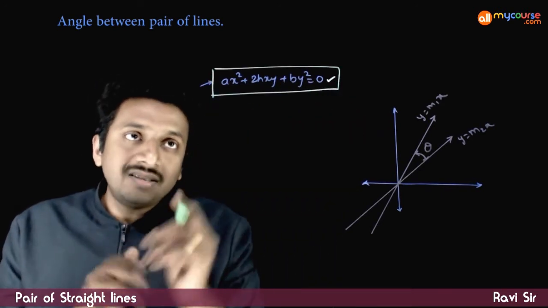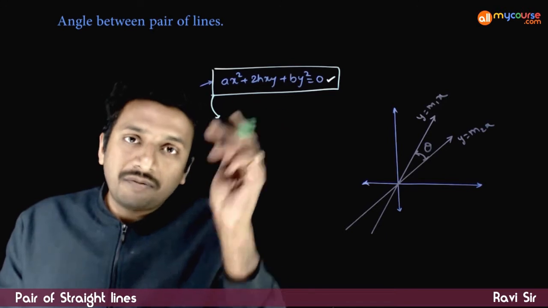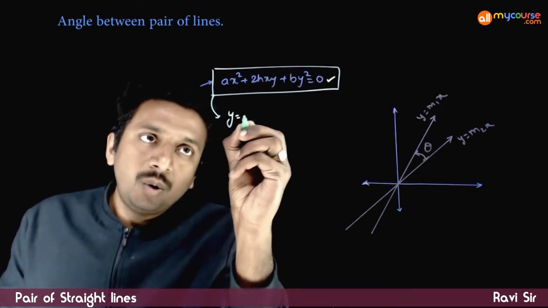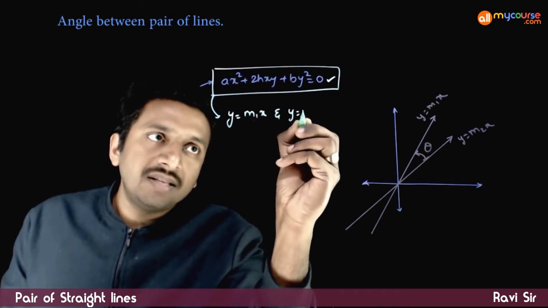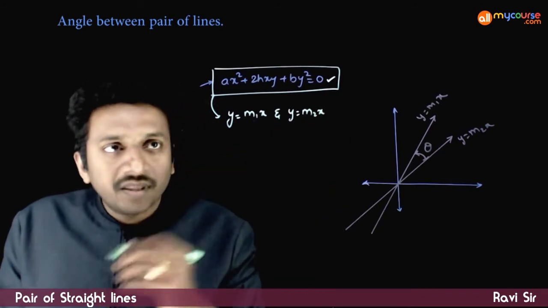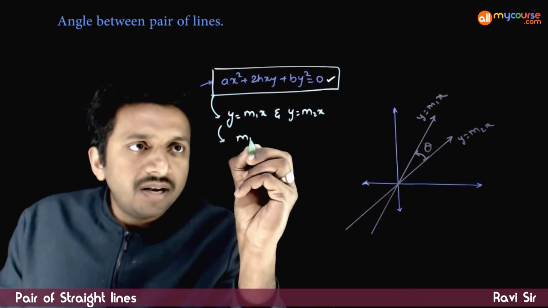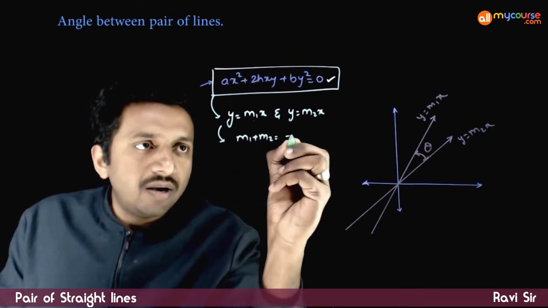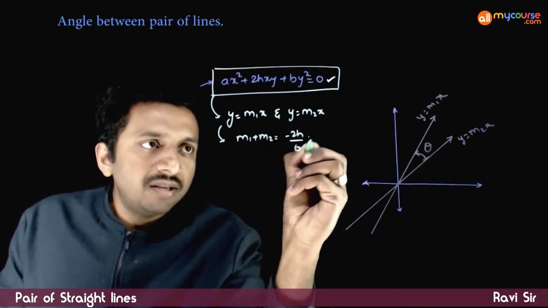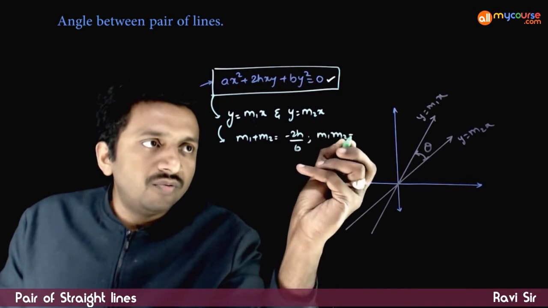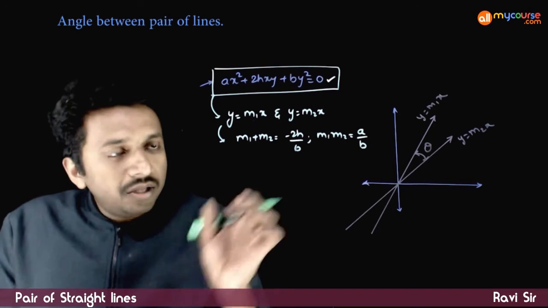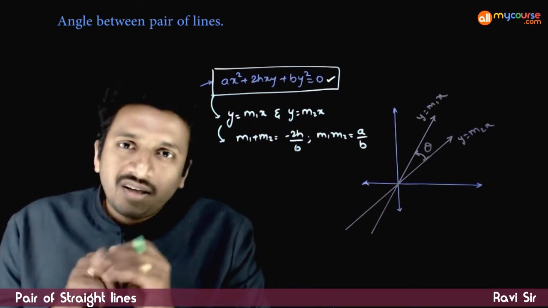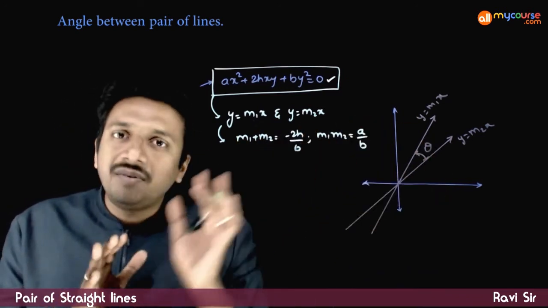We have already seen that if this pair of lines is made up of two lines, y is equal to m1x and y is equal to m2x, then m1 plus m2 is equal to minus 2h by b and m1 m2 will be equal to a by b. Now using these two relations, can you find the angle between these two lines?